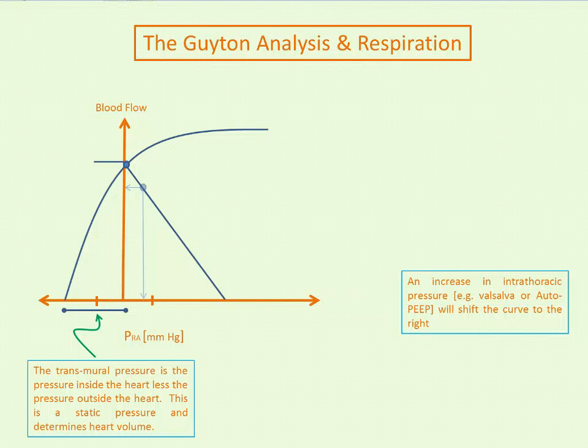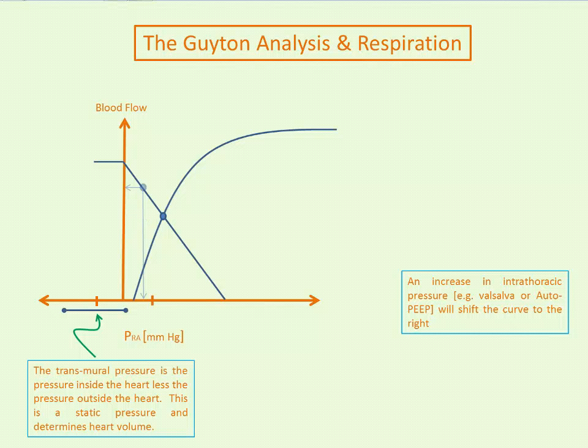Well, what would happen with an increase in intrathoracic pressure, for example, Valsalva or auto-PEEP? Well, increasing intrathoracic pressure is going to shift your cardiac function curve rightwards. So you have an increase in right atrial pressure, but your cardiac output has decreased. Again, this is not simply a Starling relationship, because the Starling relationship would predict that as you increase your right atrial pressure, you increase cardiac output, but that's clearly not what's happening here.